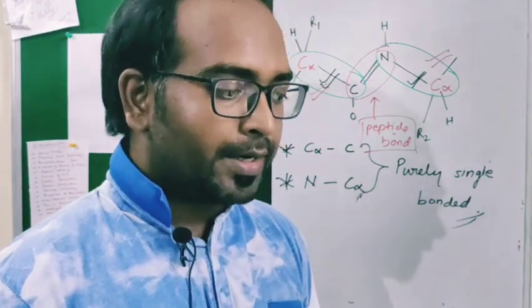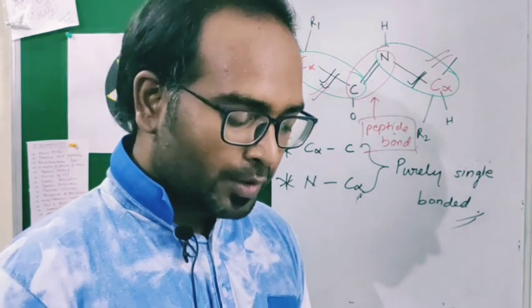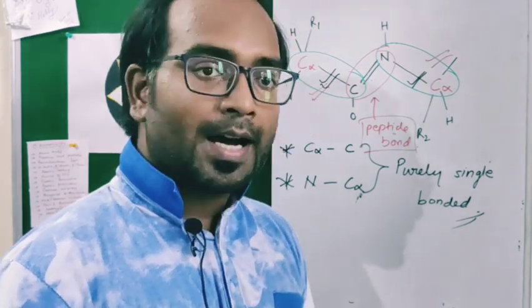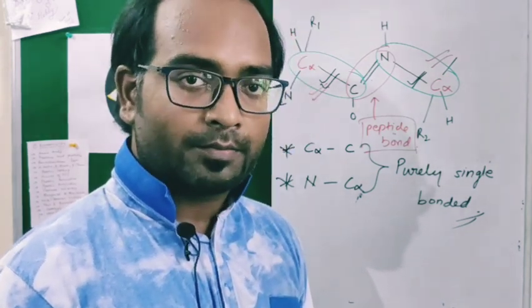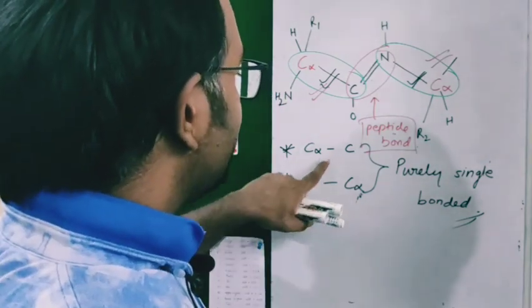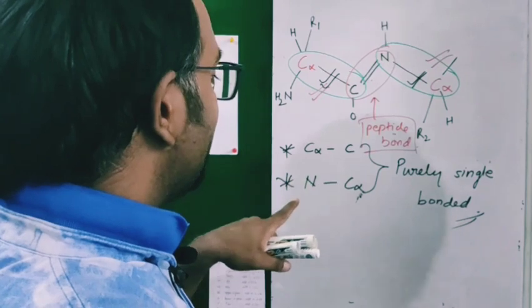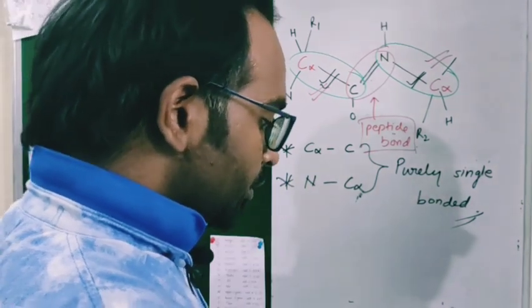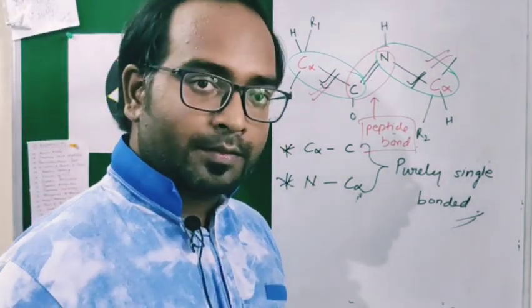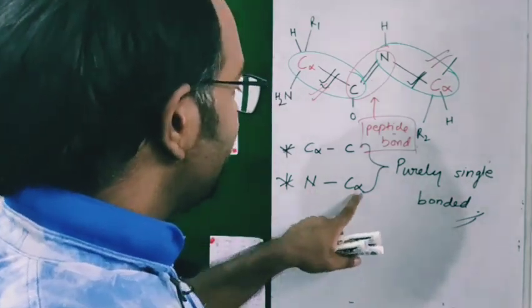Now the next point is, what are torsion angles? Torsion angles are the angles of rotation. As I told you, rotation is allowed only at C alpha C and N C alpha.